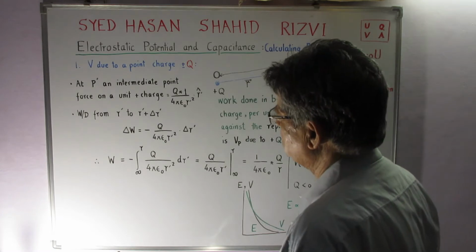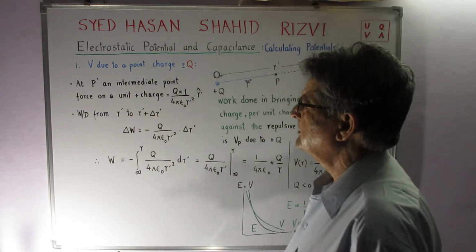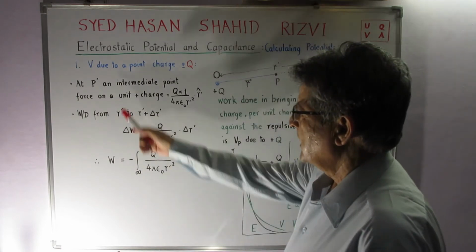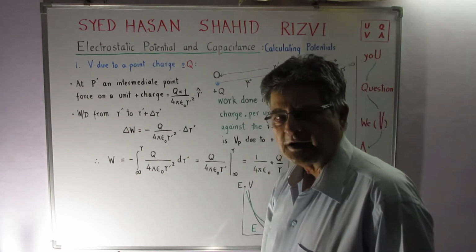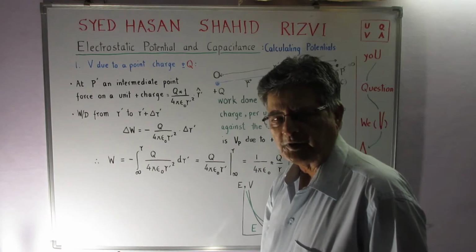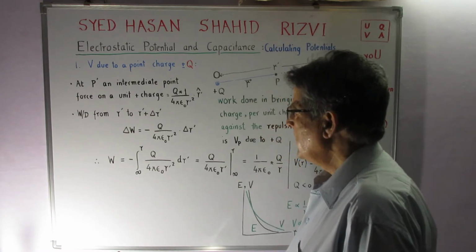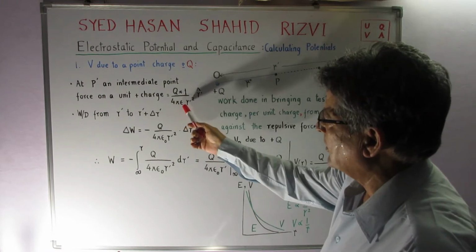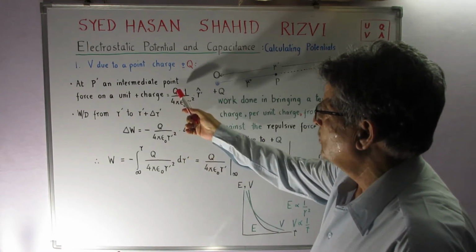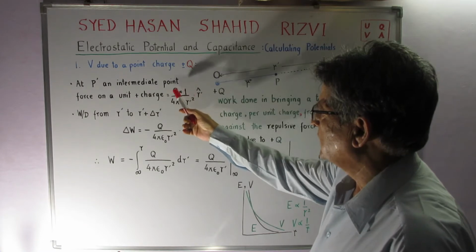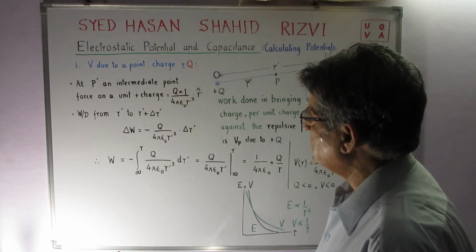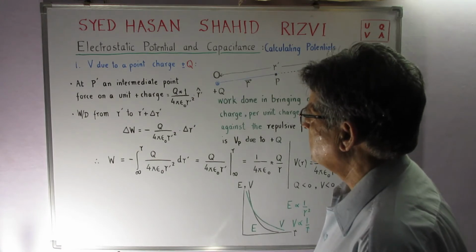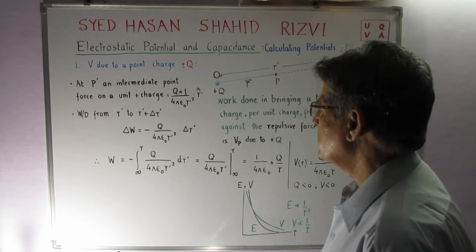So what I do is I write the force on a unit positive charge at P dash, an intermediate point between infinity and capital P, as 1 upon 4 pi epsilon naught Q1 Q2, that is Q into 1 upon R dash square into R dash cap.